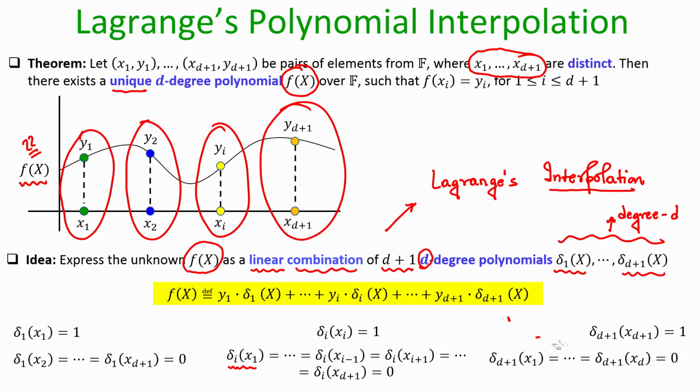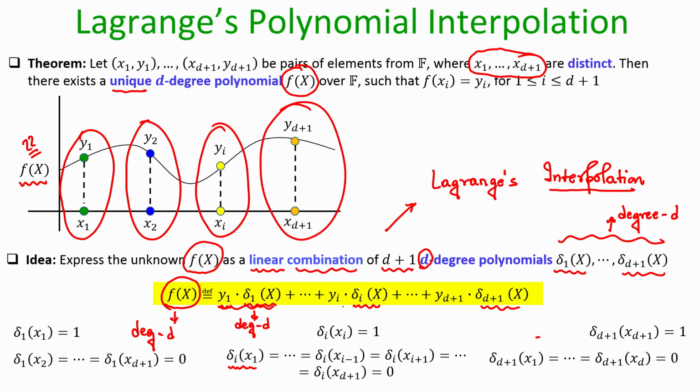So, now my claim is that this unknown f of x polynomial is nothing but this linear combination, namely y 1 times delta 1 of x polynomial, y 2 times delta 2 of x polynomial, and so on. So, why will f of x have degree d? Because each of these delta polynomials has degree d, and if I multiply a polynomial with some constant, y 1 is a constant, overall this is a degree d polynomial.